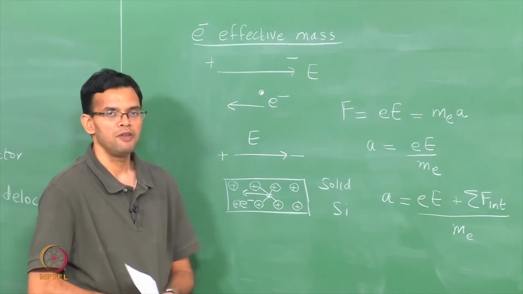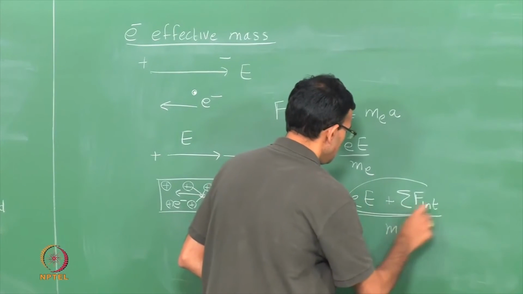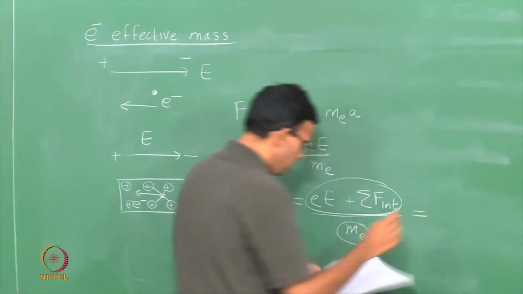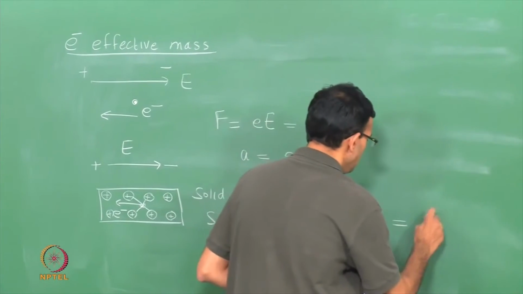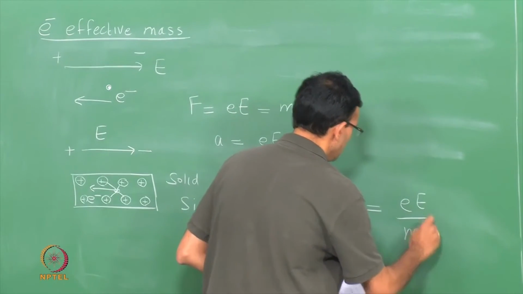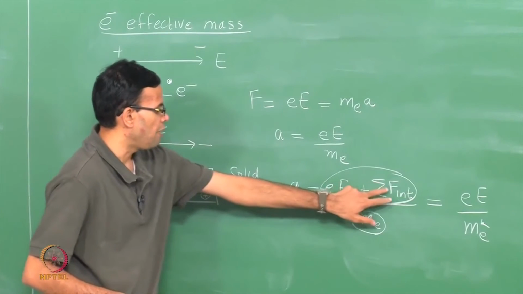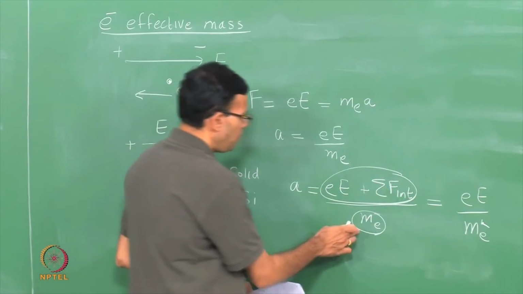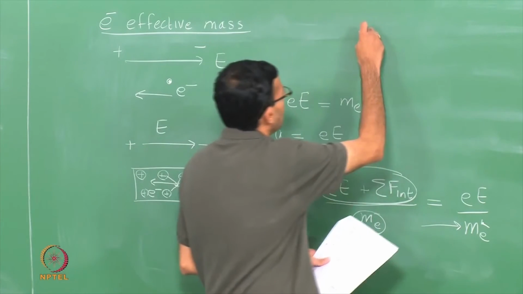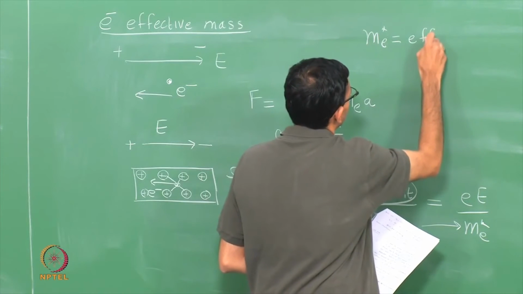In order to simplify this picture, we replace this expression with this me by another term which we call the effective mass. So, this F internal and me are replaced by this term me star. Me star is called the effective mass of the electron.